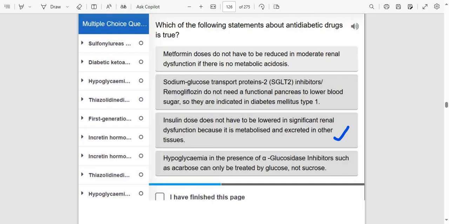D: Hypoglycemia in the presence of alpha glucosidase inhibitors such as acarbose can only be treated by glucose, not sucrose. Last option is correct. All right, thank you so much.